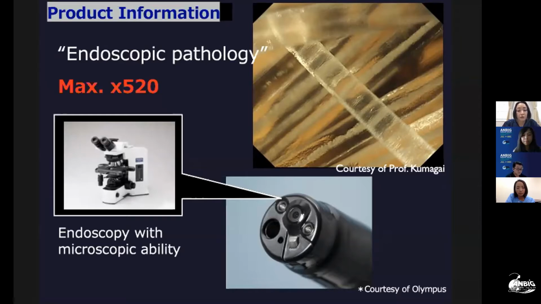So on the upper right picture, what do you think this is? This image was taken by Dr. Kumagai, who is one of the original inventors of endocytoscopy, and he gave this picture to me.